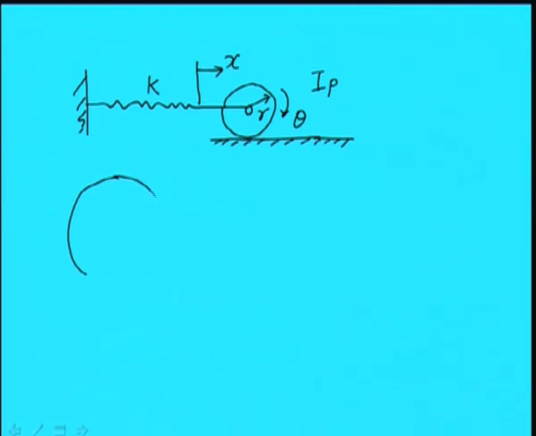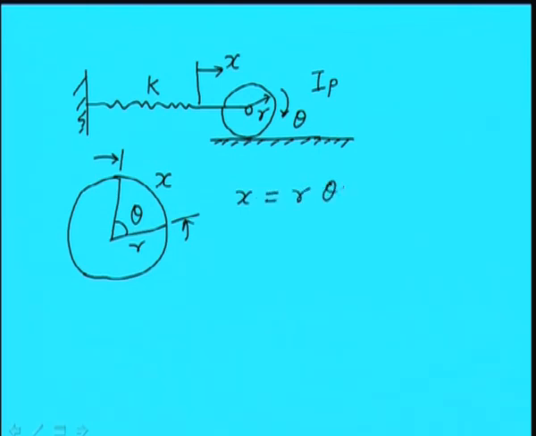If we have this circle, this is the radius, this is the theta angle. When we give a theta angle rotation to this cylinder, the circumference of the cylinder will have a displacement of x. So, x is related to r as this.